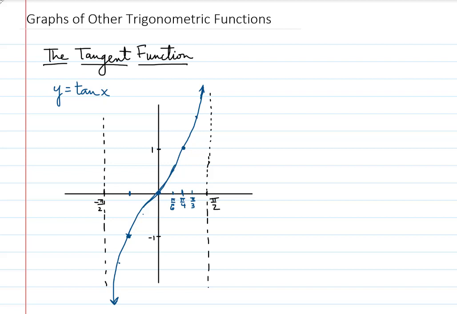Now, of course, all of these trig functions are periodic, so if you keep going to the left or to the right of these asymptotes, you're going to be repeating the same cycle. So you're going to get another one this way, and then another one this way, and so forth forever and ever.